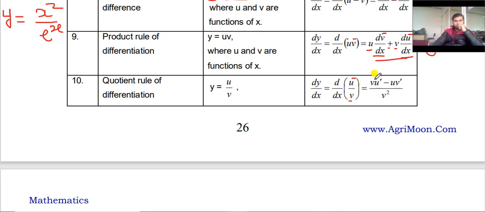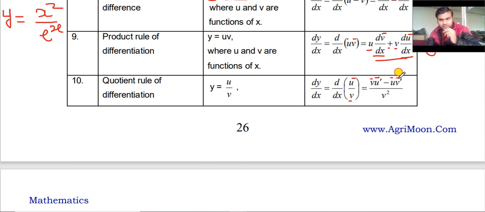So the formula is denominator v into differentiation of numerator. Numerator is your u and u dash is the differentiation of the numerator, minus numerator into differentiation of denominator.